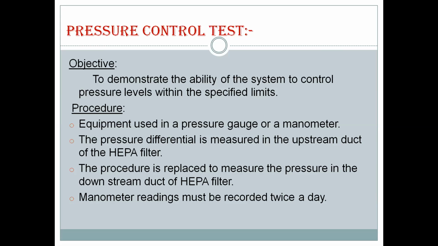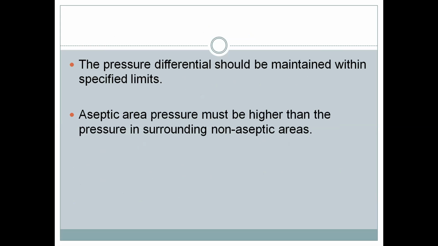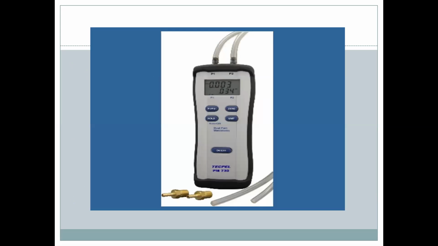The manometer reading must be recorded twice a day. Then the pressure differential should be maintained within the specified limits. Aseptic area pressure must be higher than the pressure in the surrounding non-aseptic areas. So this is how we measure. Small image.